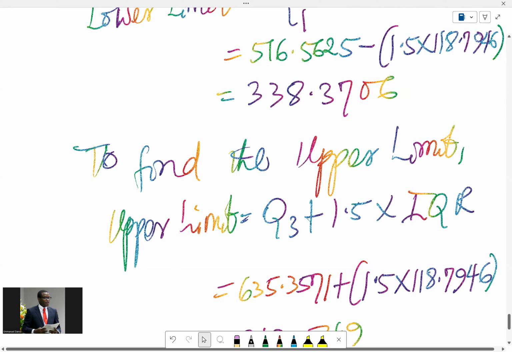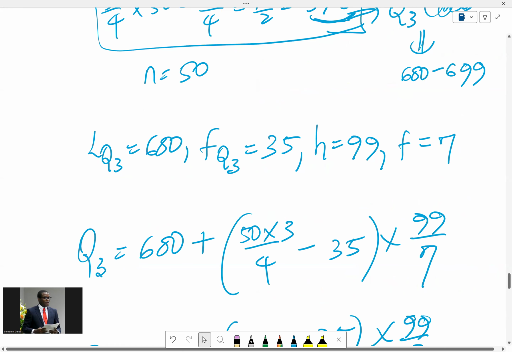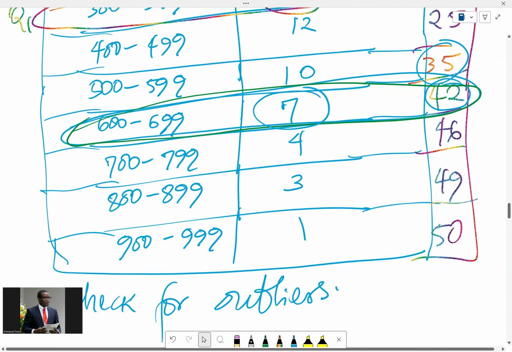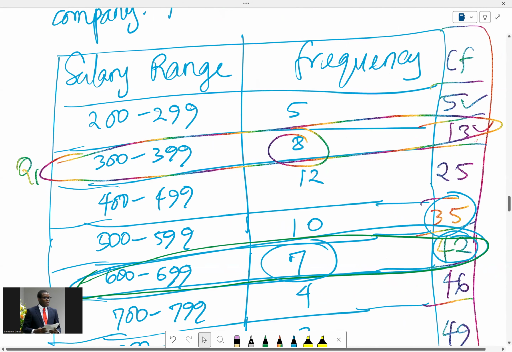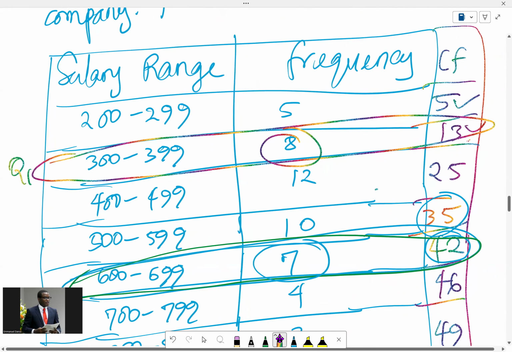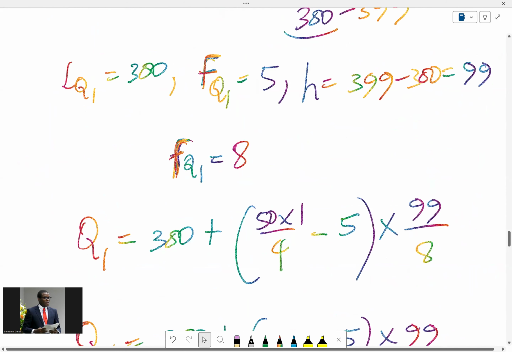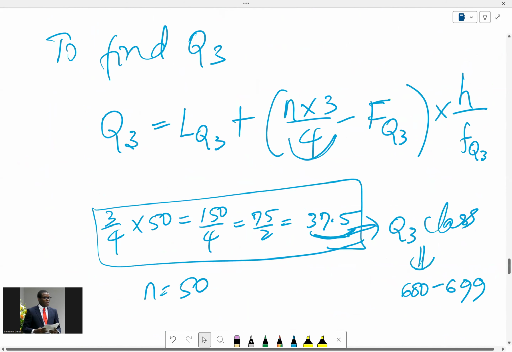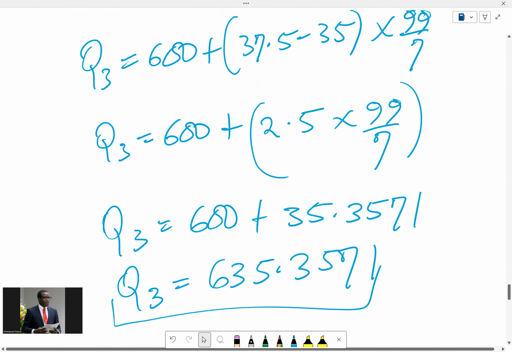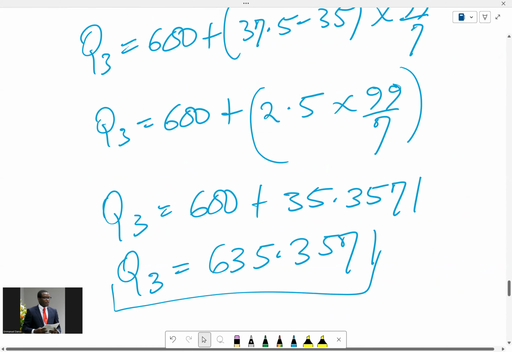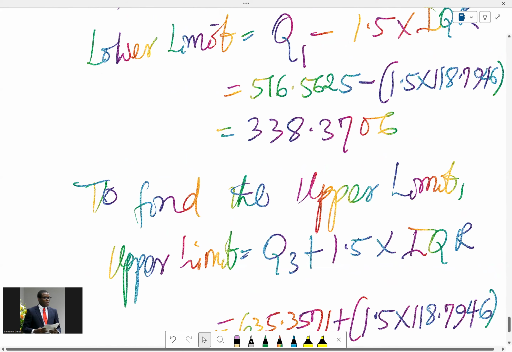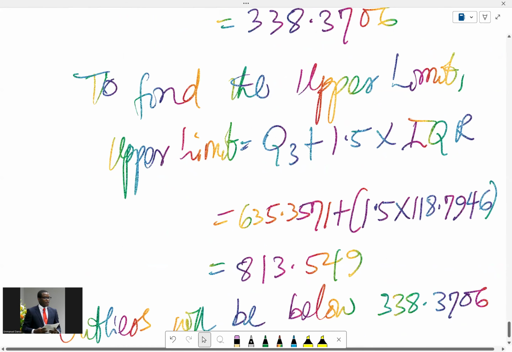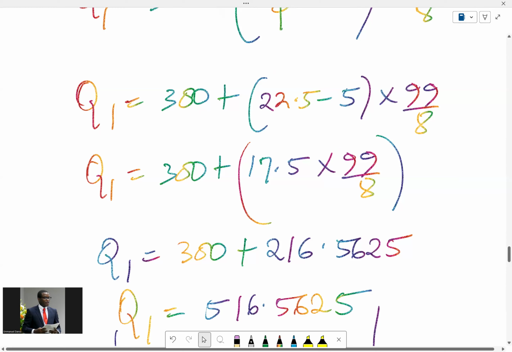Now let's check the table. Do we have such values? So it means that anything below 338.3706 and above 813.549.